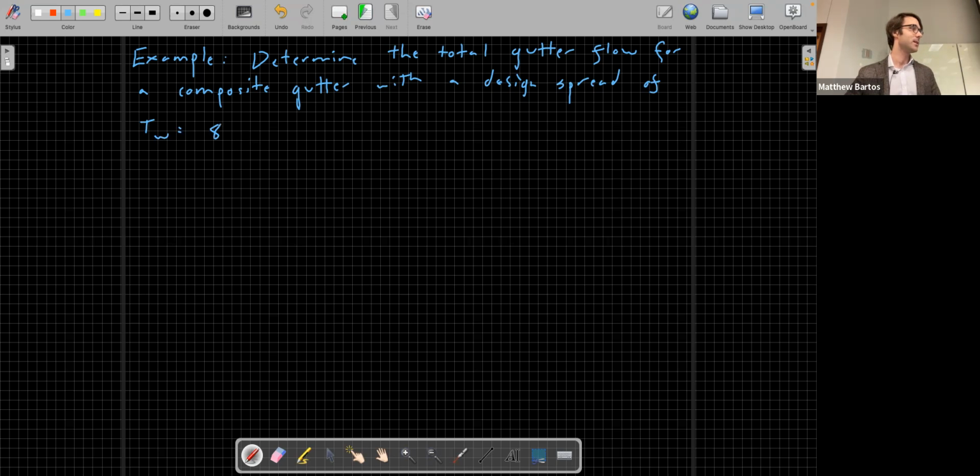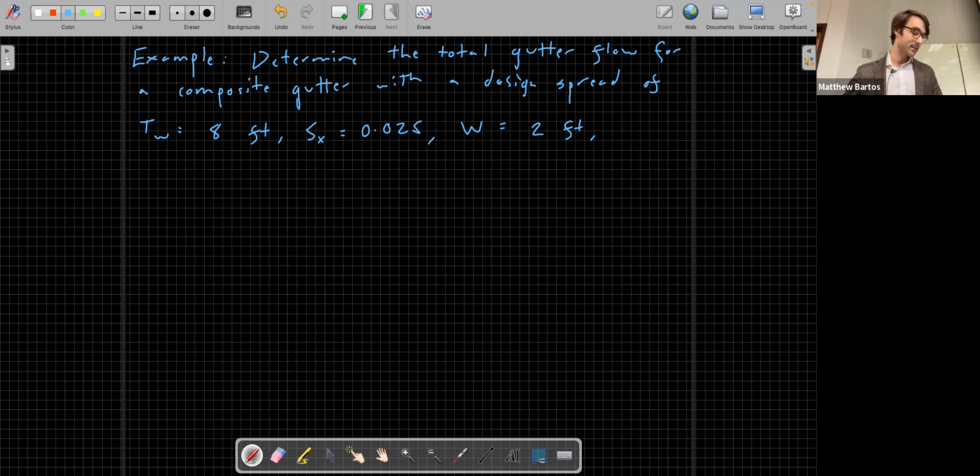So we have a design spread of 8 feet. We have a cross slope, S_x, for the shallower portion of 0.025, and an outer width W of 2 feet. So this is essentially the width of the steeper sloped portion.